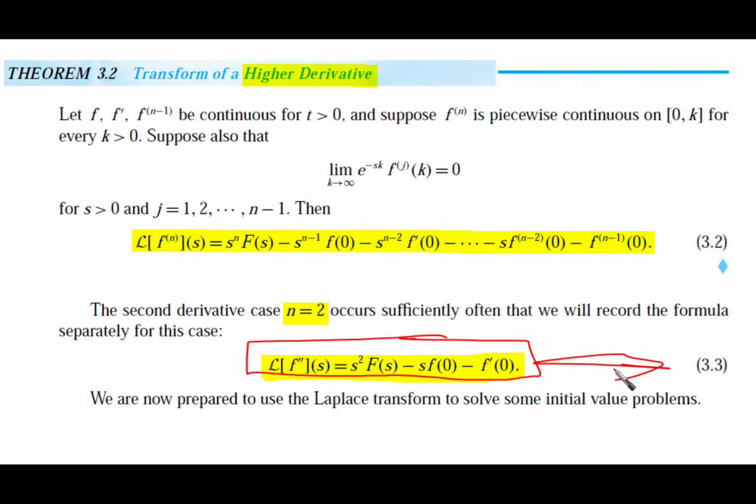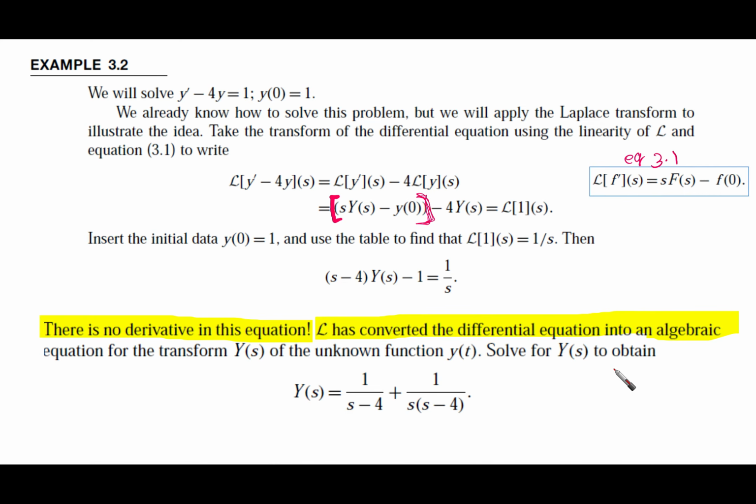Okay, so let's jump directly to an example to understand what we are doing. Remember that we want to solve a differential equation for an initial value problem, so we are talking about IVP, initial value problem, using Laplace. Now everything is going to be clear for you.